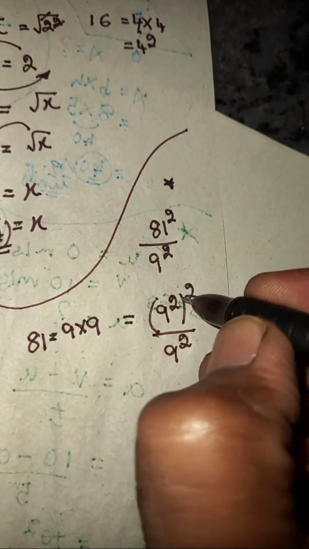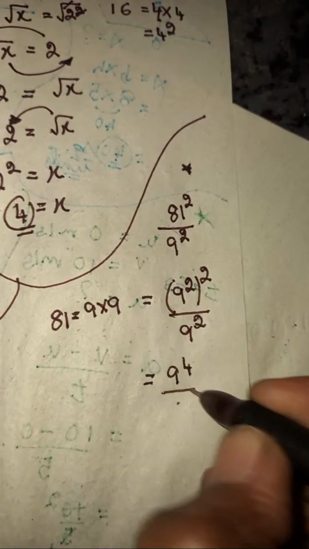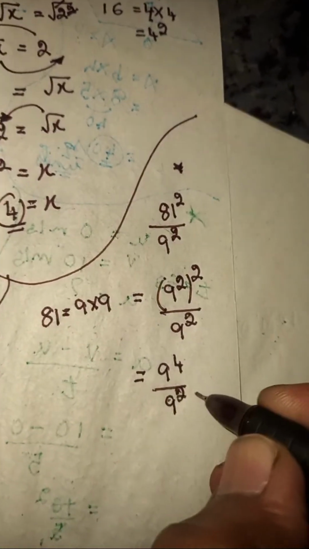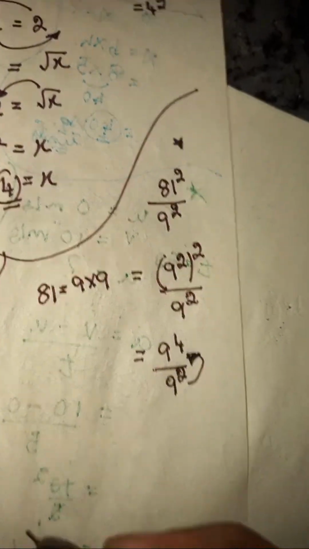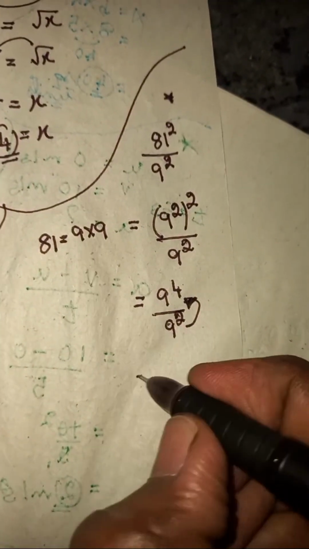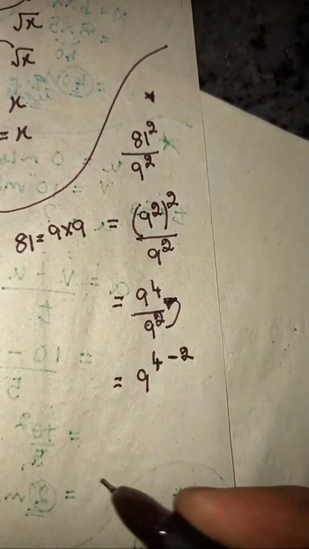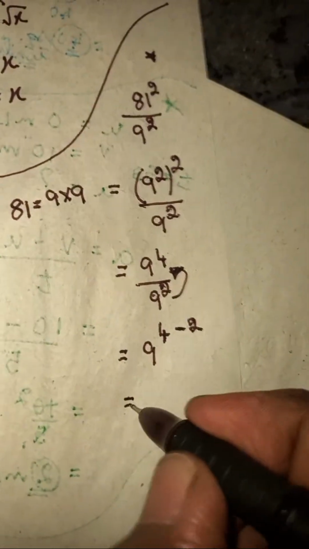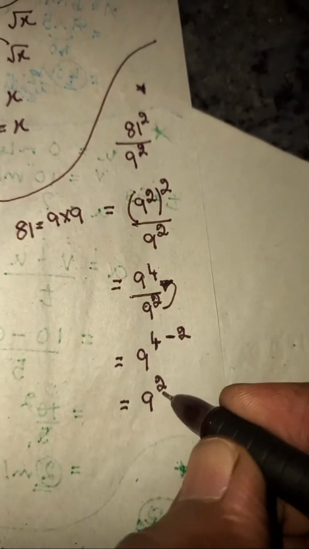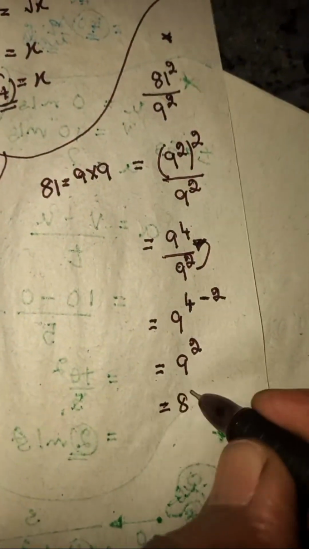Here if you multiply 2 times 2 becomes 4. 9 power of 4 by 9 square. When this goes up, you can take 9 as the common base, then subtract numerator power minus denominator power. It becomes 9 power of 4 minus 2, which becomes 9 square. 9 square you can again write as 9 times 9, 81.